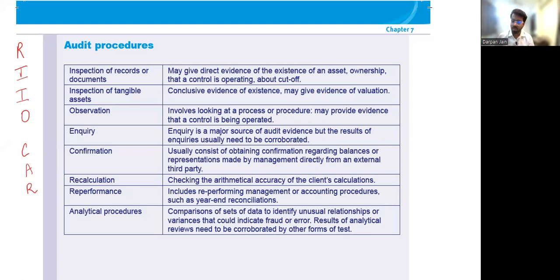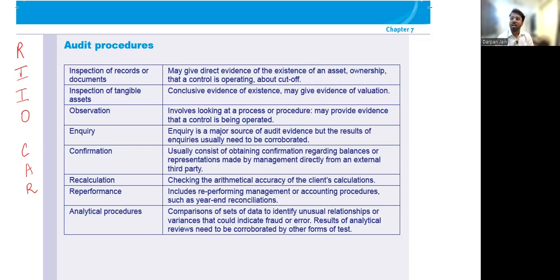You can ask the client to give you the land deed to see whether that land deed contains the company's name as the purchaser or not, right? If the company has purchased that land, in that land deed the company's name should be involved as the purchaser. Then the company is said to be the owner of that land.